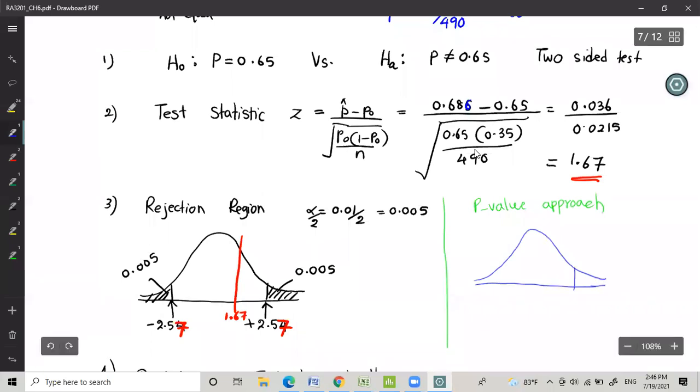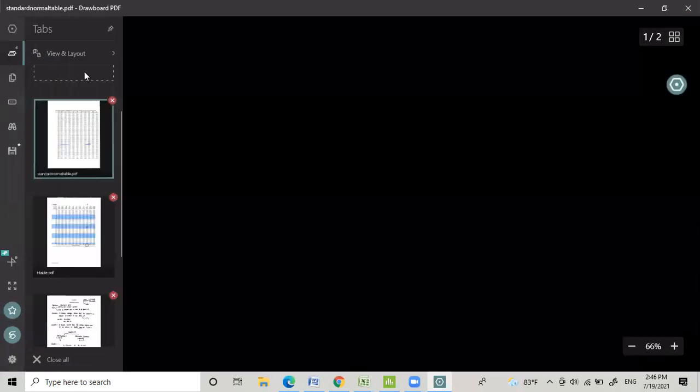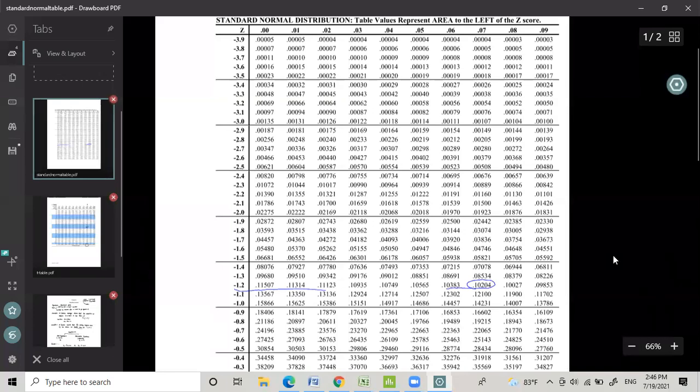It is positive 1.67, but when you find the p-value, you have to use both positive and negative 1.67. The addition of these two will be your p-value. Because of the symmetry, if you find this value, you can multiply it by 2. So let's read negative 1.67 because that's easy. Can you find it for me? Negative 1.67.